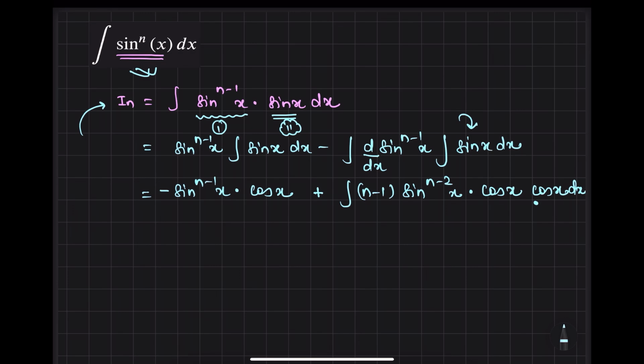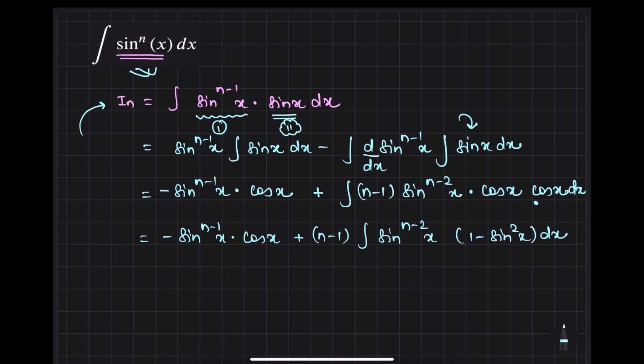Now look at this: minus sine power n minus 1 x cos x plus, I will take n minus 1 outside as a factor, integration of sine power n minus 2 x times cos square x dx. Can I write cos into cos as cos square and convert it into sine square? So 1 minus sine square x dx. Now let's open the bracket.